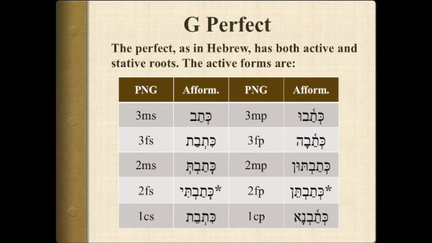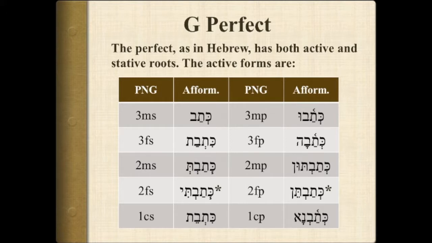In Aramaic, unlike Hebrew, you do have different forms for the third masculine and third feminine plurals. So the shuruk comes at the end of the third masculine plural. The third feminine plural has a qamets hey, which may seem a little bit different.